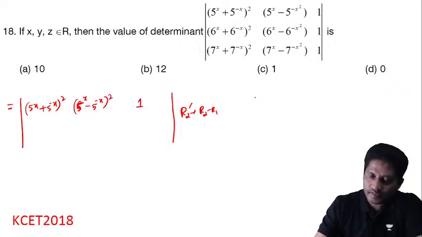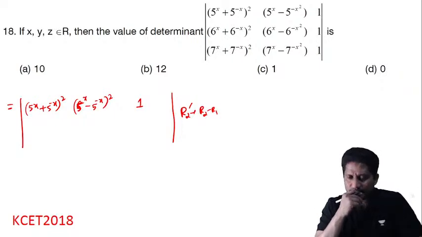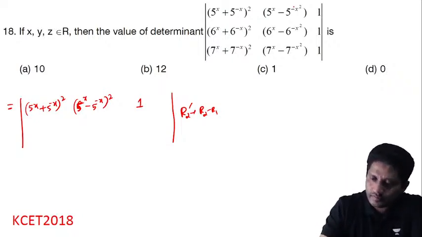Change R2 to R2 minus R1, a square plus b square minus... if I subtract a square plus b square minus 2ab, the whole square and this whole square.